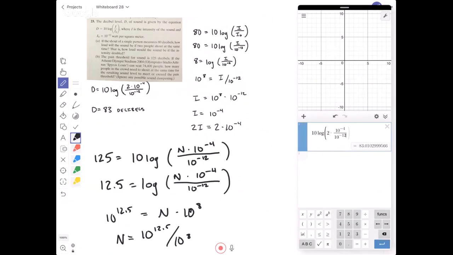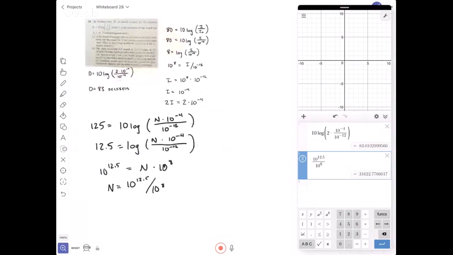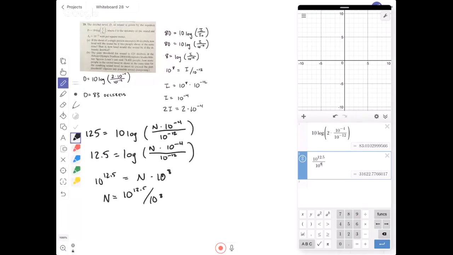So 10 to the 12.5 over 10 to the 8th looks like 31,623 people need to be shouting to exceed the pain threshold.